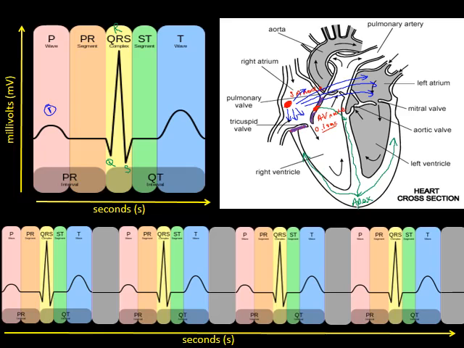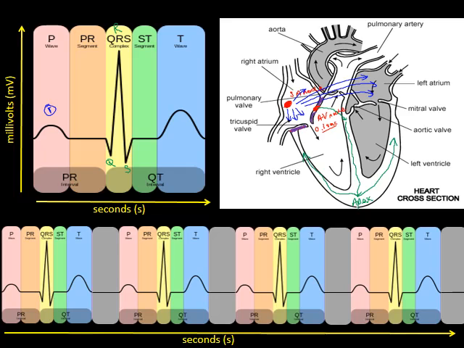Now, you can't actually see the atrial repolarization here on the ECG trace, because it has the QRS complex on top of it, so that kind of masks the atrial repolarization.